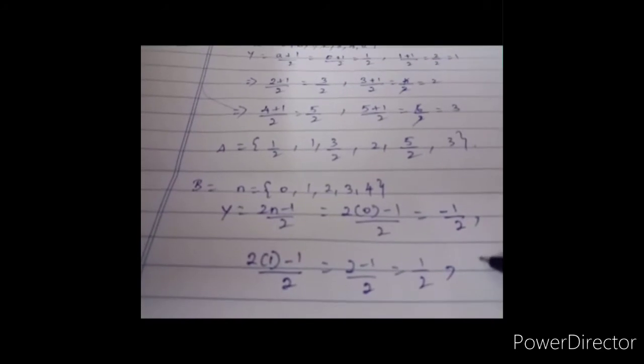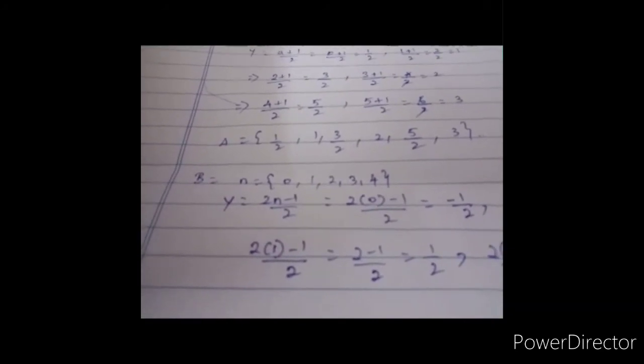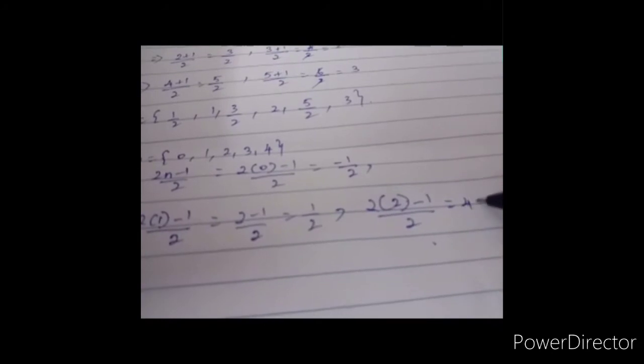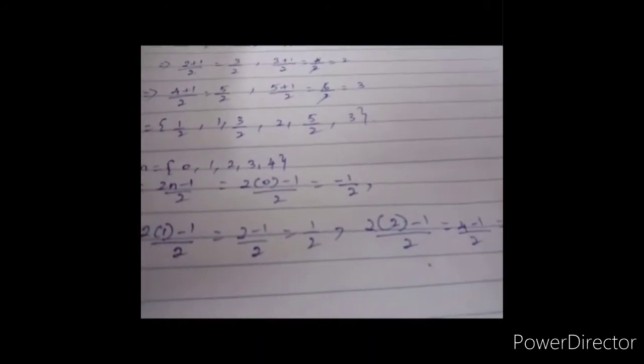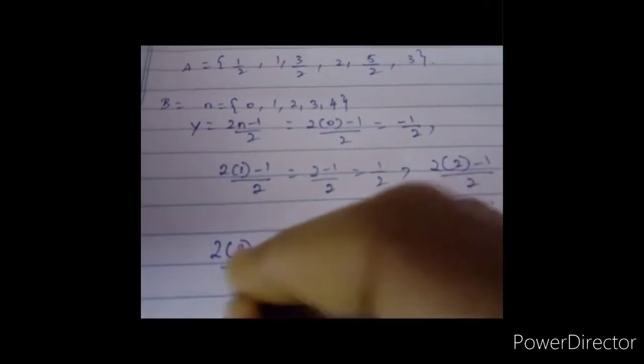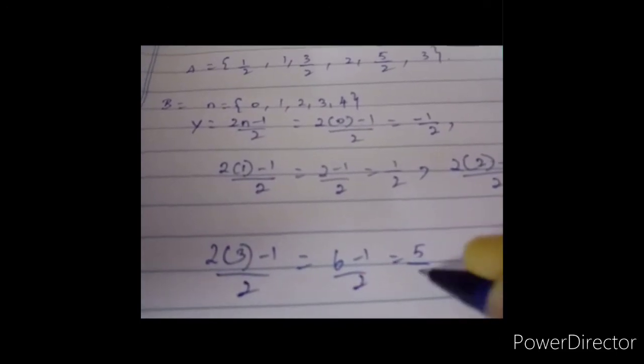Then (2 × 2 - 1)/2, just substituting the value of the set. So 2 twos are 4, 4 minus 1 by 2 is equal to 3/2. Then (2 × 3 - 1)/2, which is equal to (6 - 1)/2, is equal to 5/2.